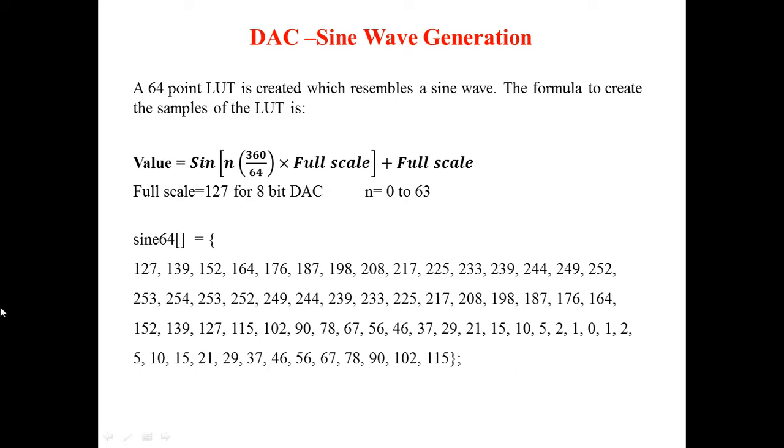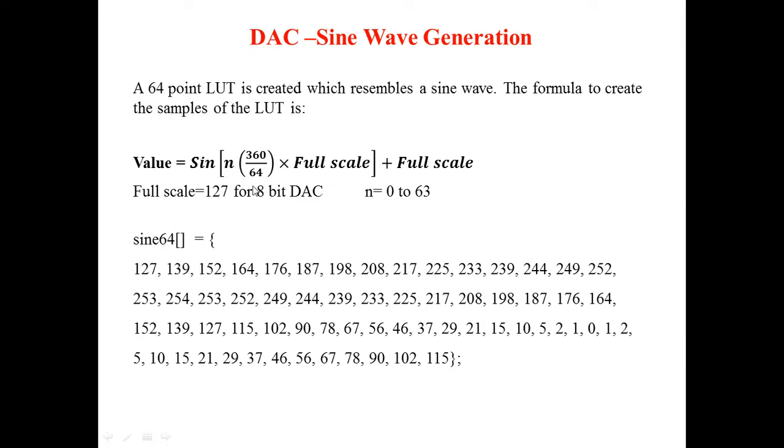This is the formula to create the lookup table for sine wave generation, with n equal to 0 to 63. In this expression, you substitute n equal to 0, 1, 2, 3 and so on up to 63. Suppose you substitute 0: sine of 0 times 127 plus 127 gives 127. That's why the first value is 127.